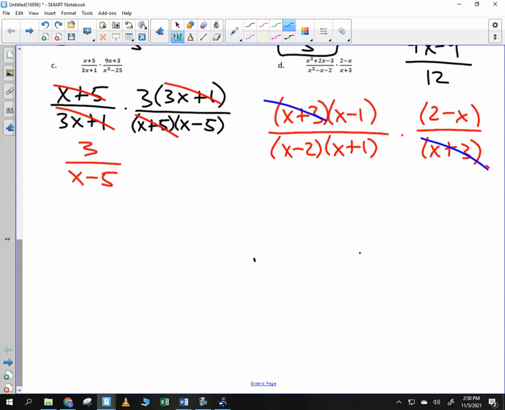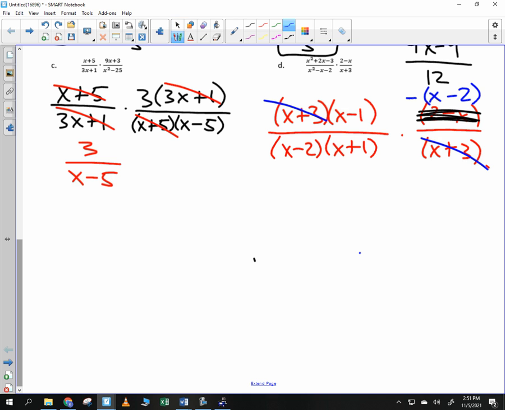A negative 1. If I factor out a negative 1, what happens to this negative x? It changes to positive x. And then this positive 2 changes to negative 2. So it turns out that 2 minus x actually factors to negative x minus 2.